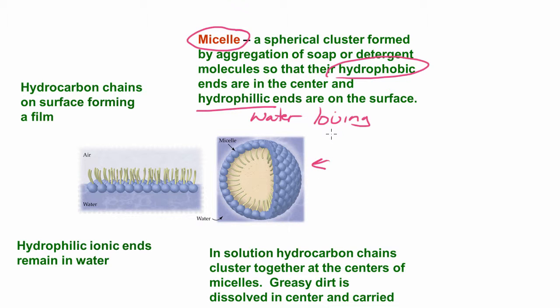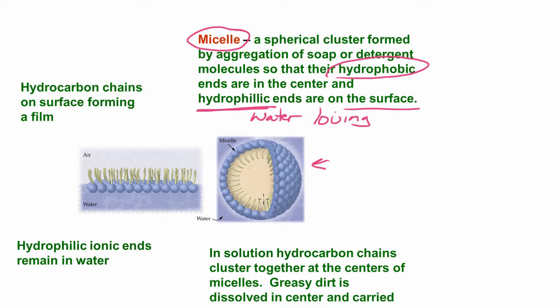Remember, the hydrophobic portions are going to be the long hydrocarbon chains, and then the hydrophilic ends, those polar carboxyl groups, are on the surface. You have those hydrocarbon chains clustered together at the centers of the micelles, and what will happen is you have greasy dirt, right? You're washing dishes.